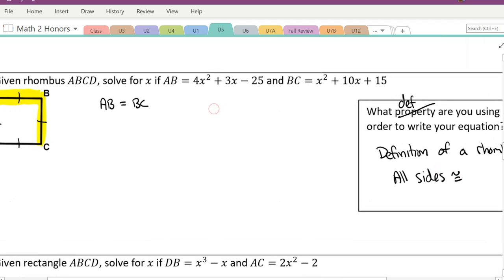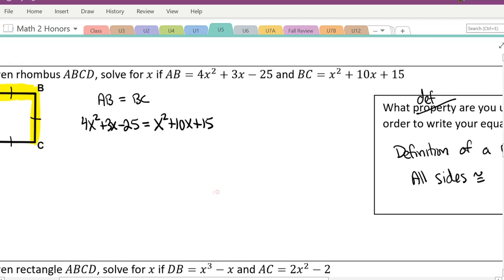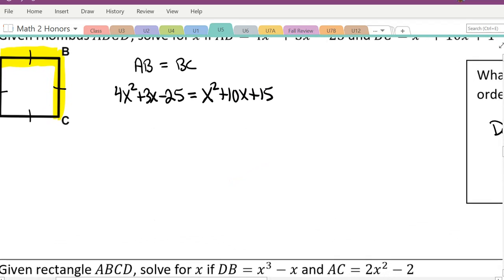And so from that we can set up our equation, 4x squared plus 3x minus 25, that's our AB, and that's going to be equal to BC, which is x squared plus 10x plus 15. And when we solve, our first step is to make one side equal to 0.